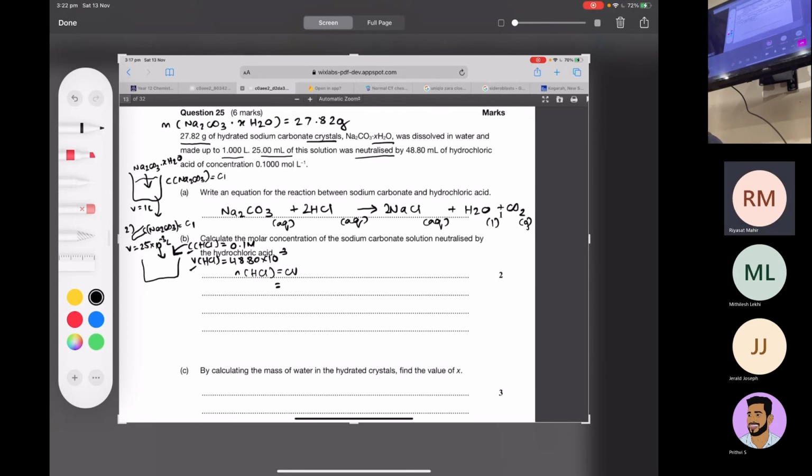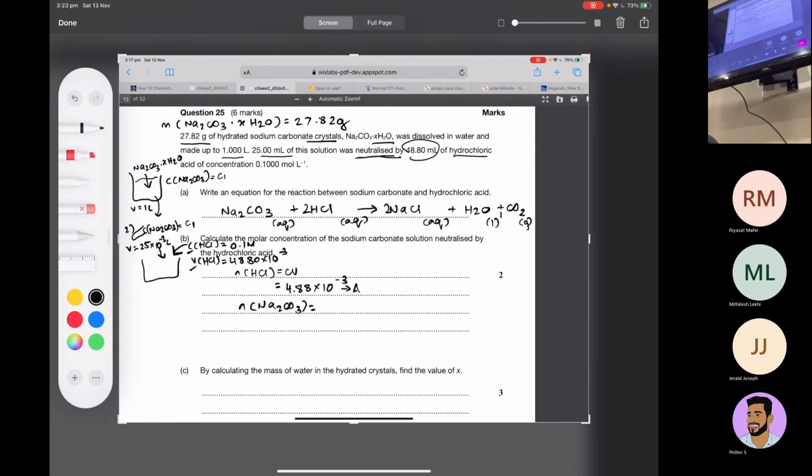Yeah, I got 4.88 times 10 to the minus 3 moles. Yep, that sounds right. Good, easy. So we'll store that as A. Then what's the number of moles of sodium carbonate? Remember, this is just neutralized by exactly that amount of HCl.